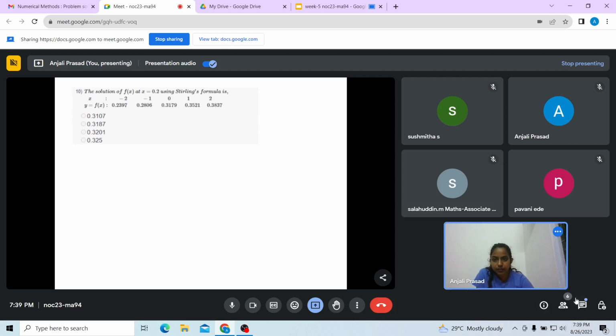Calculate the value of f of x at x equals 0.2 using Stirling's formula.